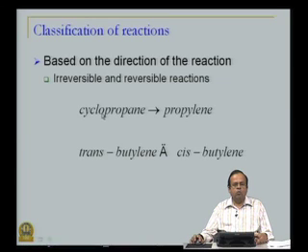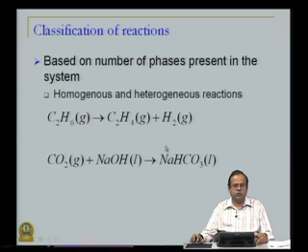That is almost 100% conversion of cyclopropane to propylene. So, essentially an irreversible reaction. But a reaction like transbutylene to cisbutylene is a reversible reaction. This arrow is missing, but take it from me, it is going from left hand side to right hand side and right hand side to left hand side, something we talked about in our equilibrium and thermodynamics. So, this is reversible and irreversible reactions.